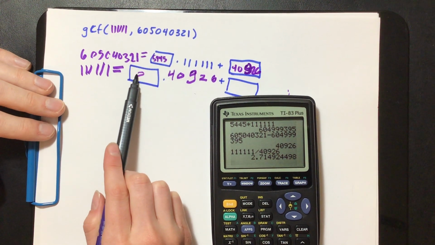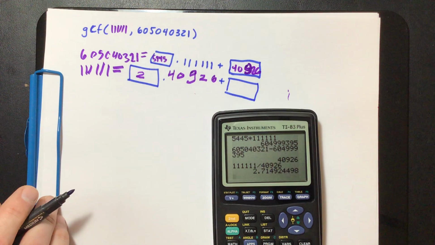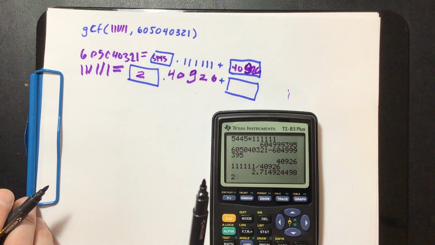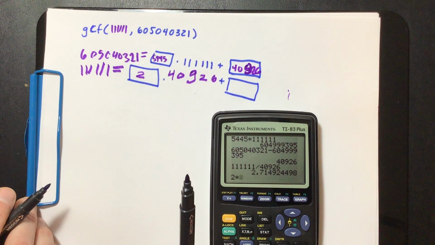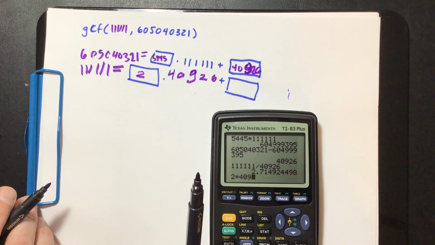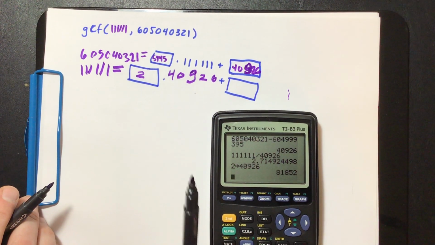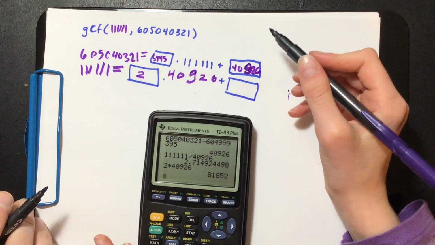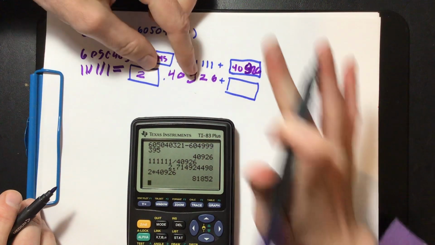Put a 2 there. All right, and then how do you figure out the remainder? Okay, is that the remainder? No. That's this right here.